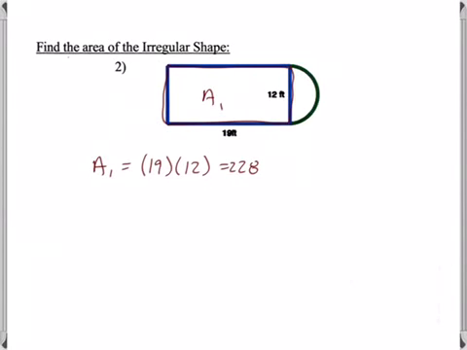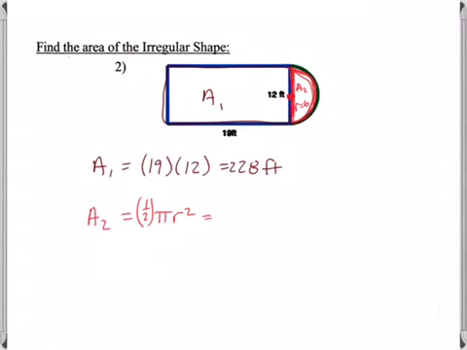And then the shape here is a half circle, so we have to find the area of half a circle. This circle has a radius of 6, since we can cut this length in half. So let's call this A2. To find the area of a circle would normally be pi r squared, but we only have half a circle, so we'll multiply that by 1/2.